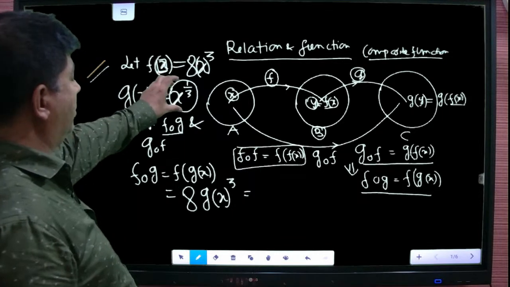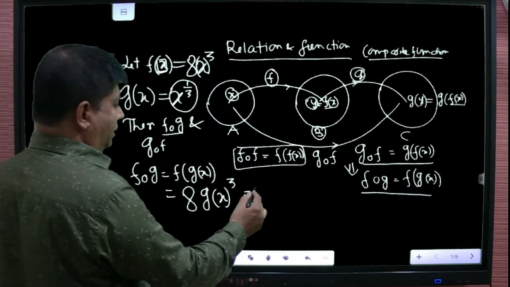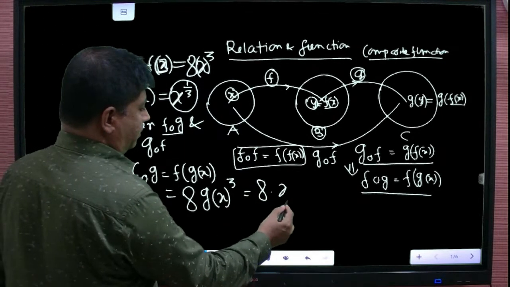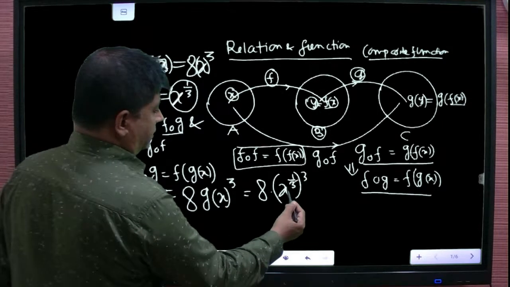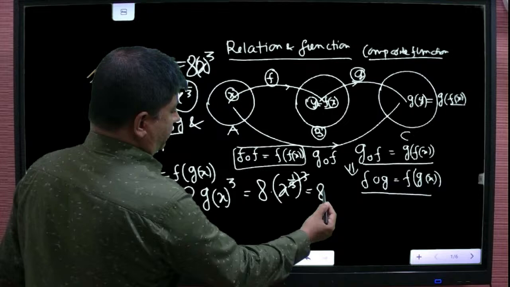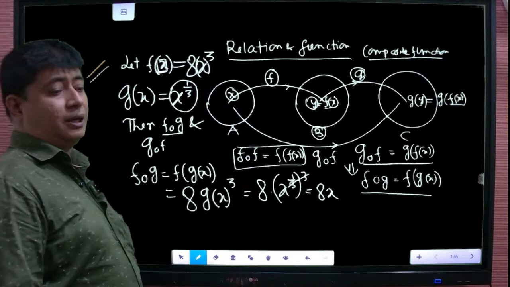So just plug this value and put here 8 times x to the power 1/3 whole cube, cancelling, it will give you a simple answer 8x.